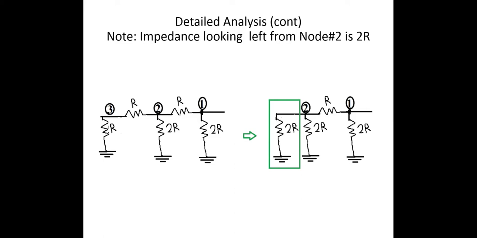So a very interesting pattern is now emerging. In both the cases, whether it's node 3 or node 2, the total resistance is 2R if you're looking towards left from that node. So let's see if the same situation holds for node 1 as well.